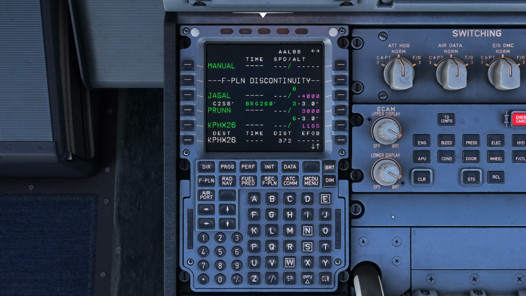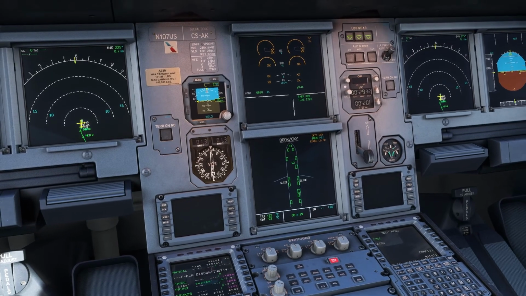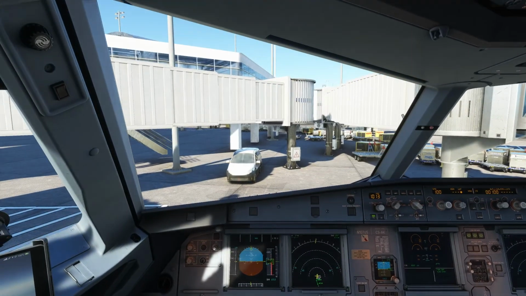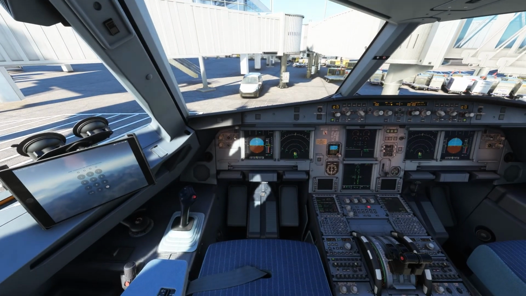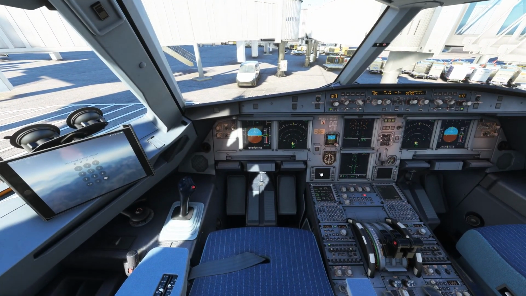Now, if you wanted to take a look at what the flight plan actually looks like, then you could come up to here. Let's see if we can do this. Let's zoom out, go down, and get close enough.